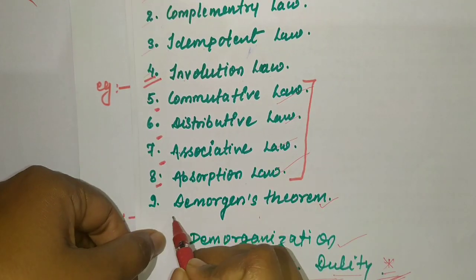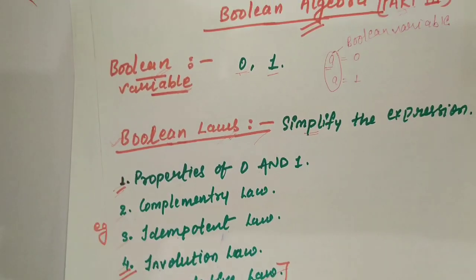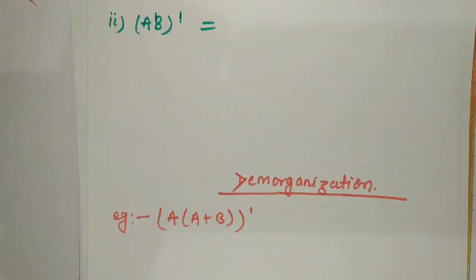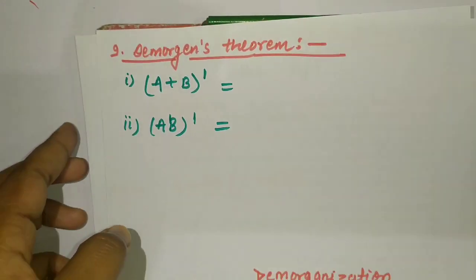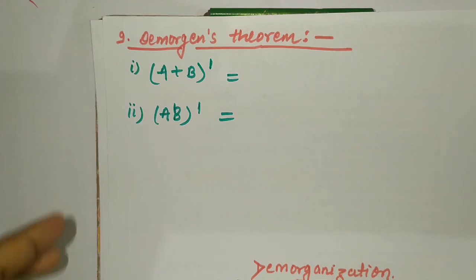So let's start the video with De Morgan's theorem. What is the meaning of De Morgan's theorem? It means change the sign and change the variable.